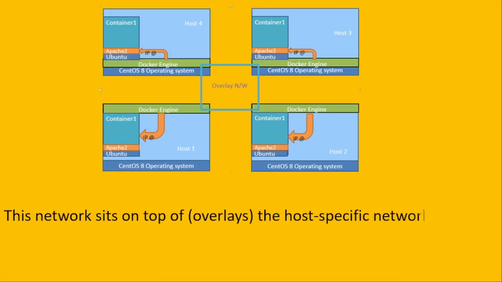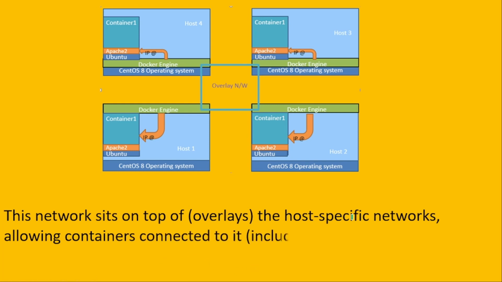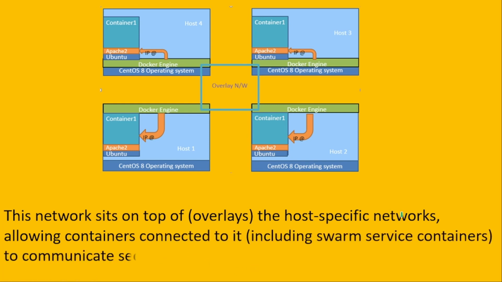This network sits on the top of the host specific network, allowing containers connected to it, including Swarm service containers, to communicate securely when encryption is enabled.